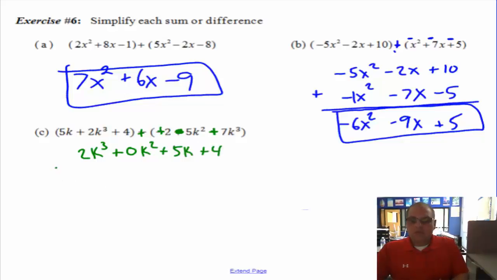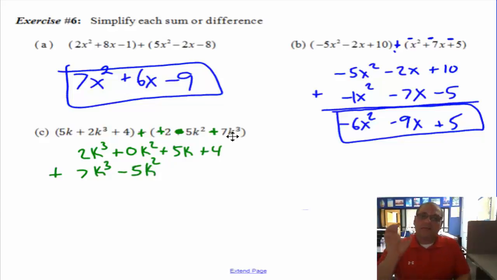Okay, plus, now we got 7k to the third, and then minus 5k squared. Notice how I don't care about the order. I can rearrange the order as long as I keep the sign with the right term. That negative goes with the 5k squared. I don't have any k, so plus 0k here, and then plus 2.